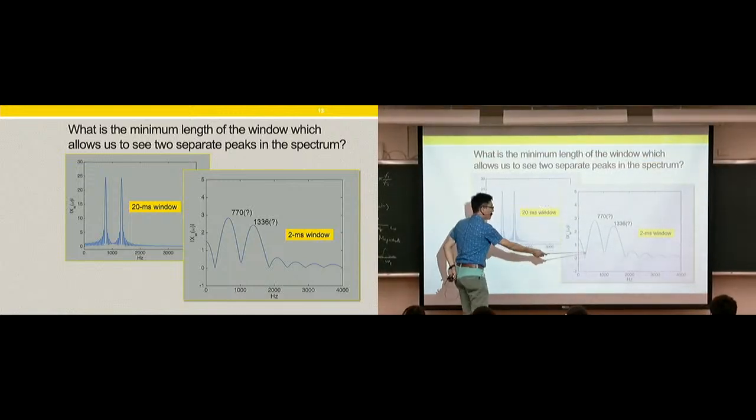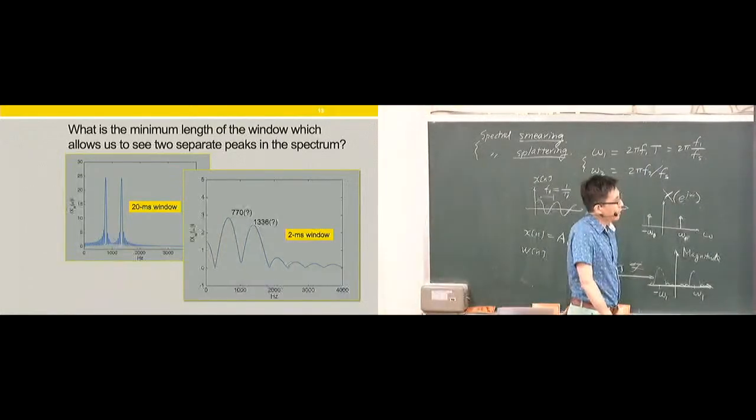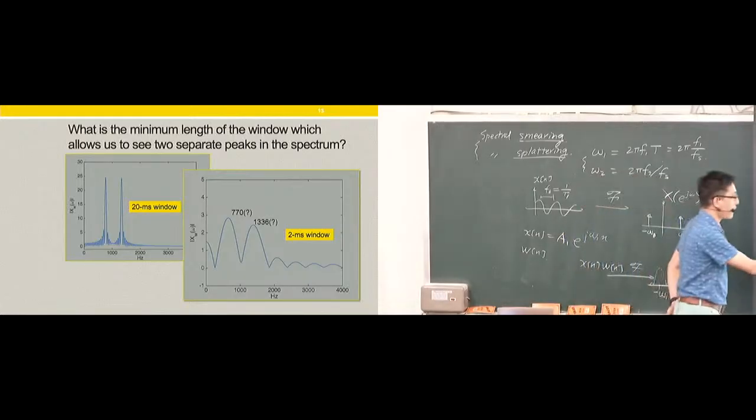And now when you look at this spectrum, okay, can you still estimate that there are two tones, one at 770, the other at 1336, and successfully decode the number, which is 5? You see, maybe or maybe not, right? It's not as easy as this scenario.